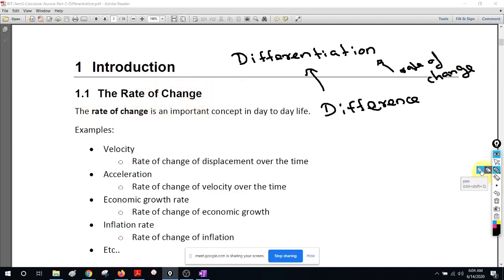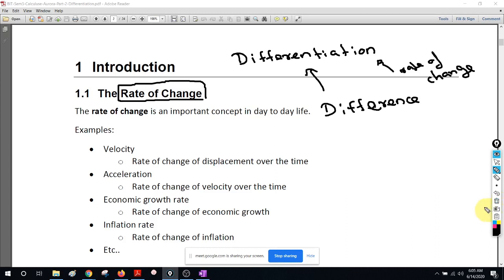Whenever you hear the word differentiation, we are trying to find the rate of change of a function. It's a very important thing. You have learned rate of change in your O level also. The most popular concept that you are really familiar with is the concept of speed or velocity.